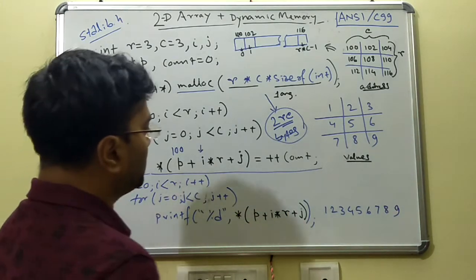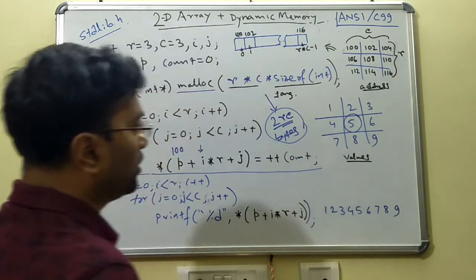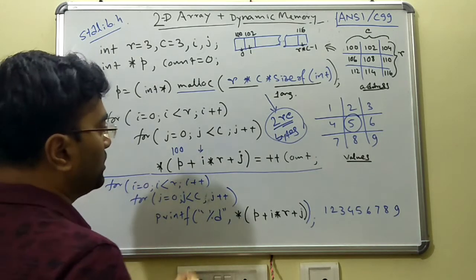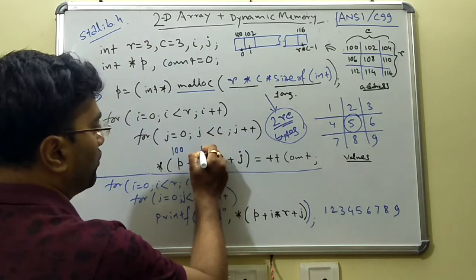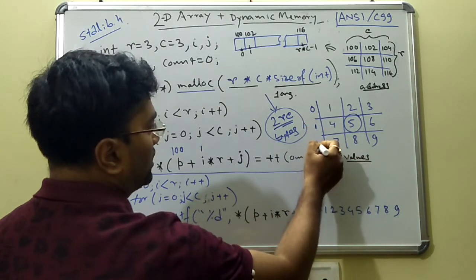Suppose you want to think about this value. It will be p plus i, where i is 1 here, because this is 0, this is 1, and this is 2.